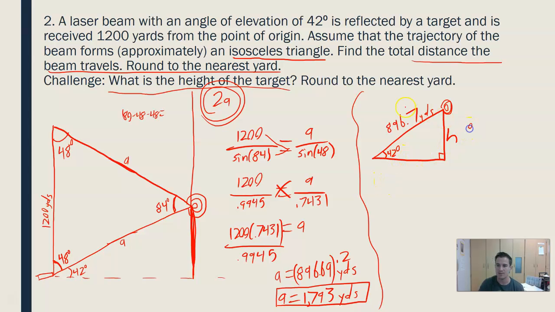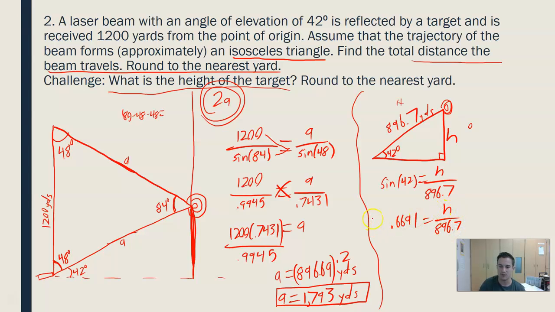So this is the opposite and the hypotenuse side. So the sine of 42 degrees is equal to h over 896.7. Sine of 42 is 0.6691 equals h over 896.7.